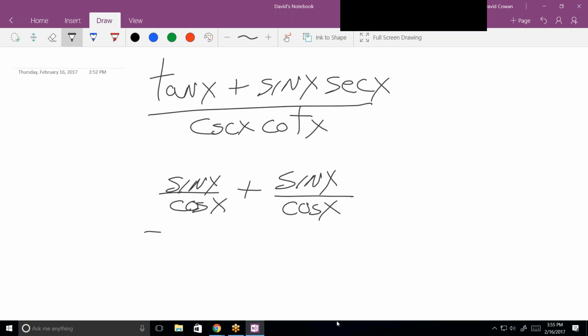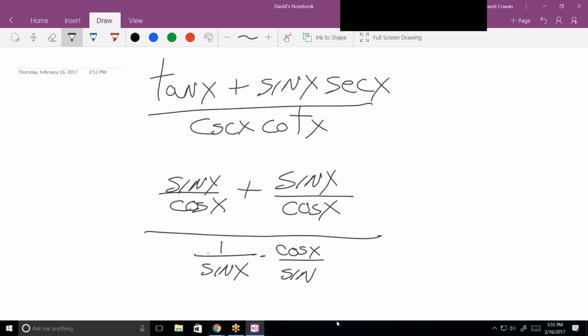Okay. Bottom, what's cosecant x? One over sine of x times, actually, cotangent is cosine of x over sine of x. Okay, we've got a bunch of common denominators. Well, we don't need one in the bottom because they're being multiplied.